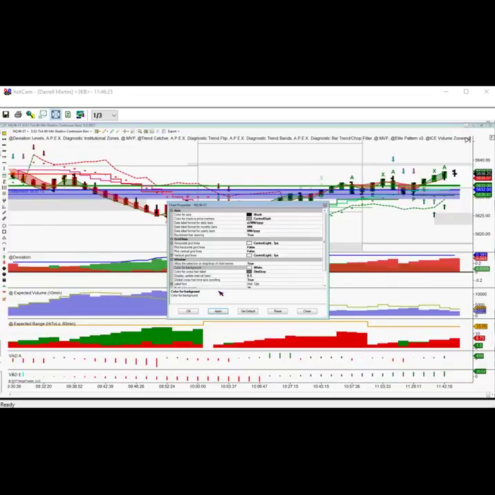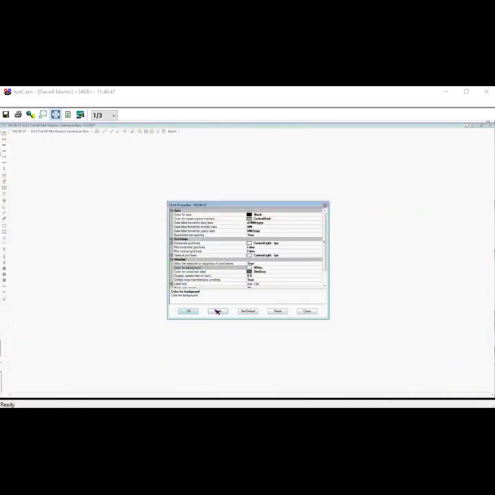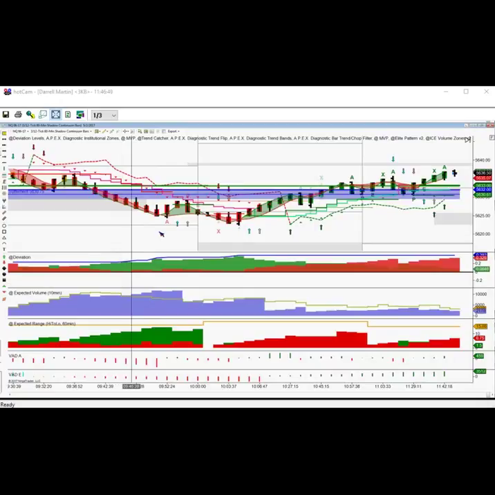A lot of times I like black at night, so I'll show you. If you do change it to black, you have to change your axis and your crosshairs, but it sort of looks cool too, right? Cool looking chart. But if I'm trading in the evening, I like a darker screen. We'll put that back and hit OK. So that makes the zone a little easier to see. Sometimes that zone can be hard to see with the gray right there.